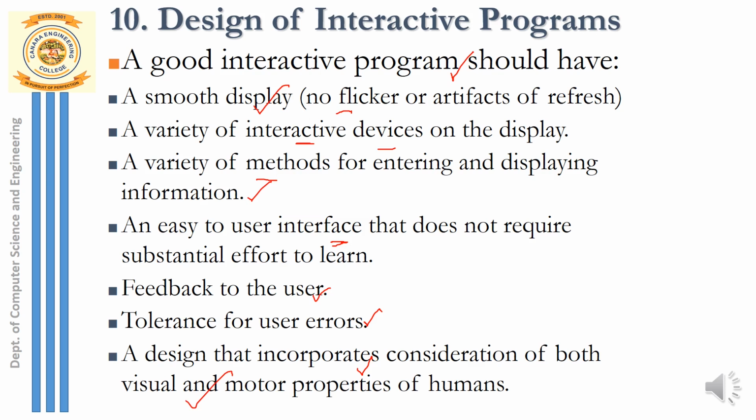The graphics that you're displaying should be visually realistic, and then the motor properties of humans, that is when you're using the mouse button, as you move the mouse, should also be incorporated in the design. There should be an interaction there, and it all depends upon the user, how he interacts with the display or the graphics. So all these are the properties that a good interactive program should include.